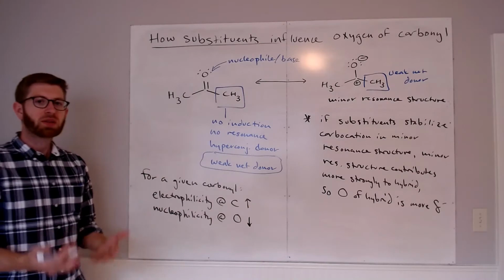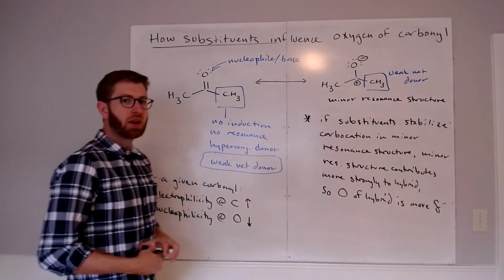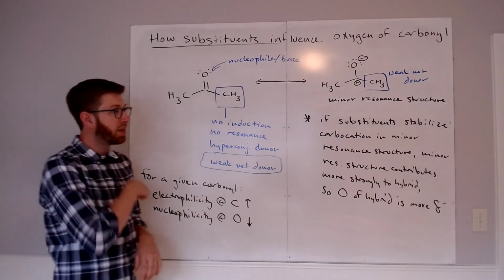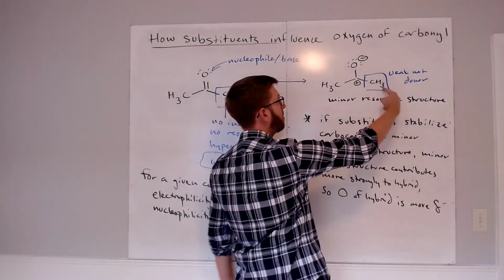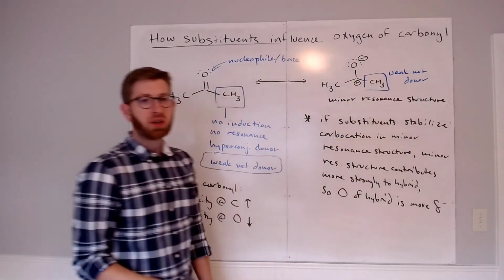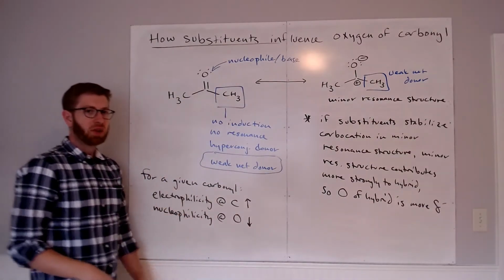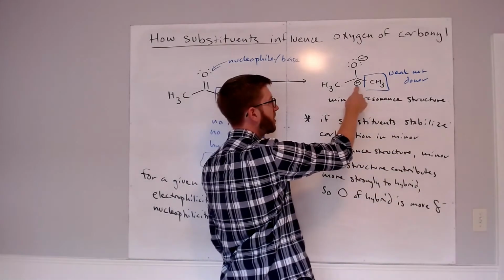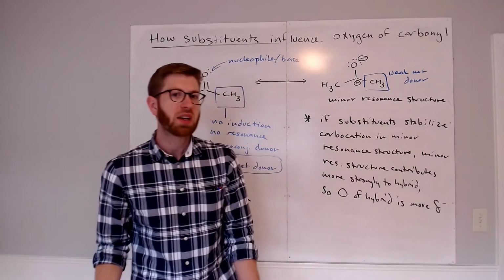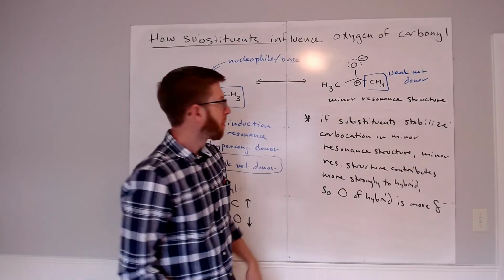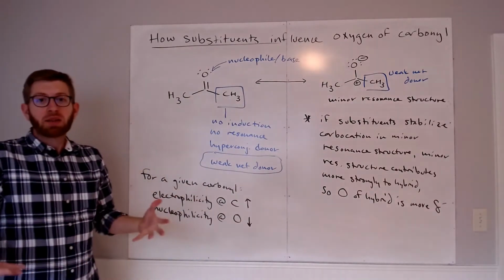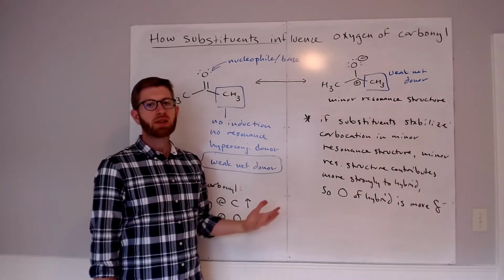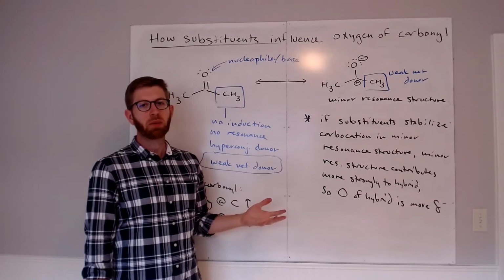So it seems like there's an inverse relationship between these. And that amount of electron density is going to be influenced by the substituents. So if the substituents are dumping electrons into the carbonyl carbon, the carbon is becoming less electrophilic. And because this carbon is becoming more neutral, I guess, from a charge perspective, this oxygen is maintaining more of its negative charge. Now let's look at that same kind of concept in a couple of other carbonyl functional groups.